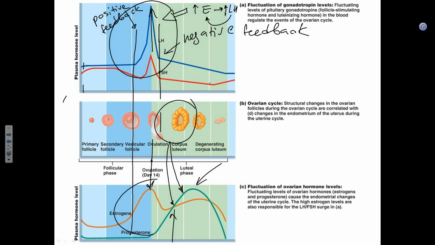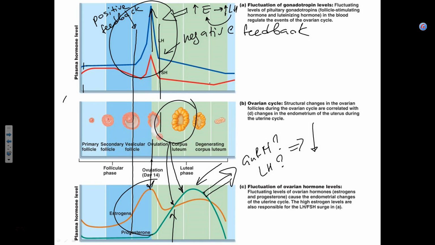What effect do elevated levels of estrogen have on gonadotropin releasing hormone and luteinizing hormone? They will decrease them. That makes sense.